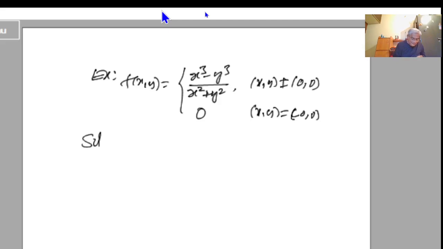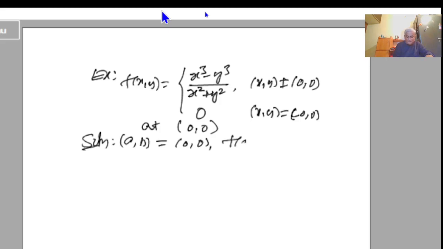So here, again, we have to verify the continuity of the function at the point 0, 0. Here a comma b is equal to 0, 0 and f of a comma b, f of 0, 0 is equal to 0.